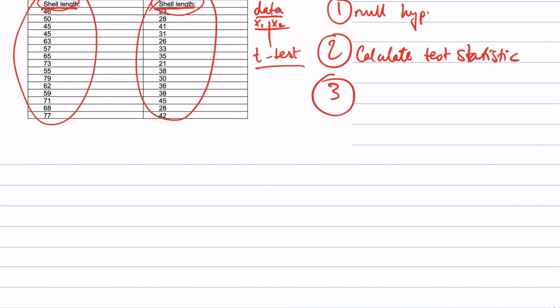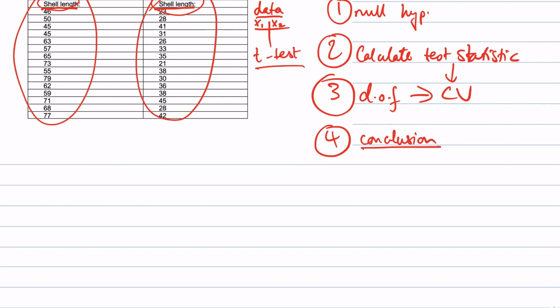The third is that we determine our degrees of freedom and thereby find our critical value to compare our test statistic to, and based on the comparison of the test statistic to the critical value, we make our conclusion about whether there is a significant result from our test, or whether there is no significant difference in the data, and we have to accept the null hypothesis.